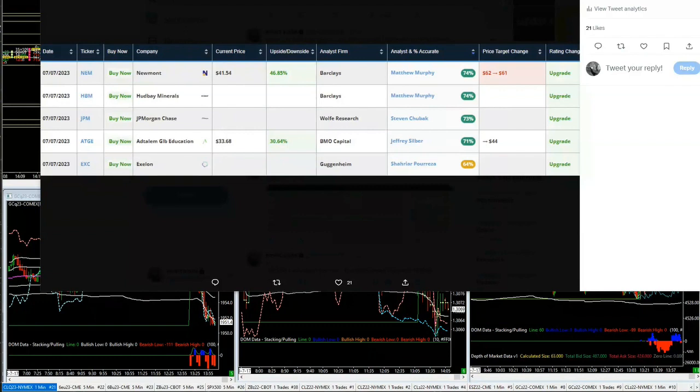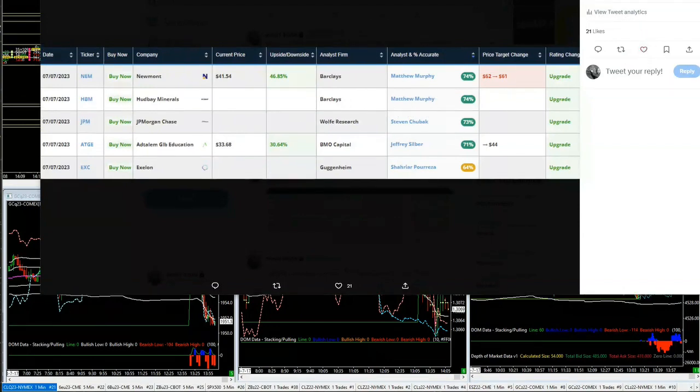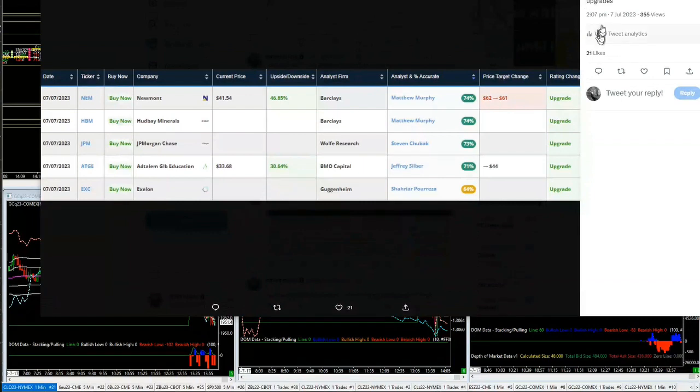So when we got that upgrade, it was on the 7th of July, just before the cash open. And obviously at the cash open on the 7th of July, we're getting ready to get some business done. So we're ready for this bit of business, 7th of July.